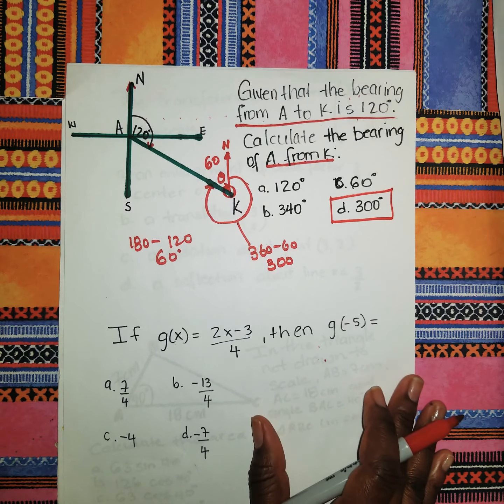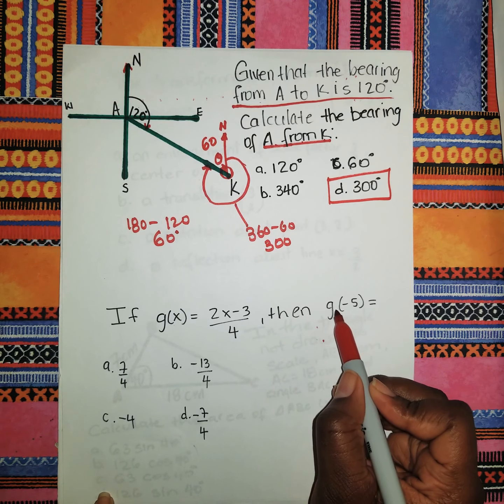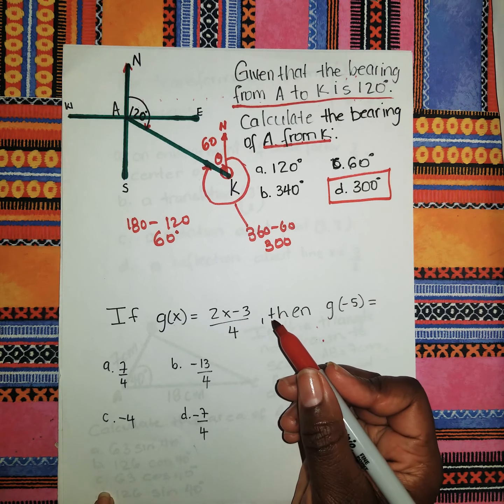Let's continue. So if g of x is equal to 2x minus 3 divided by 4, then g of negative 5 is equal to what? So basically, this is our x value, all right? So anywhere in this function we see x, we're going to put the value we have here. So it's going to be 2 times negative 5 minus 3 over 4.